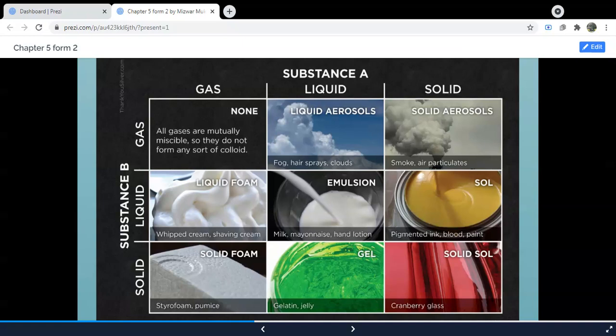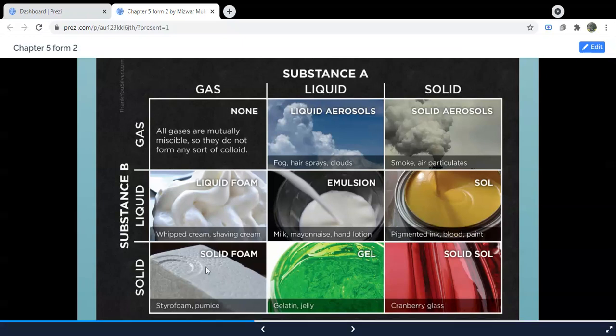Maksudnya distribute, dibahagi sama rata dalam substance tersebut. Emulsion between liquid and liquid, solid and liquid, akan menghasilkan paint ataupun pigmented ink, macam yang kamu guna untuk nak buat kelas seni semua tu.